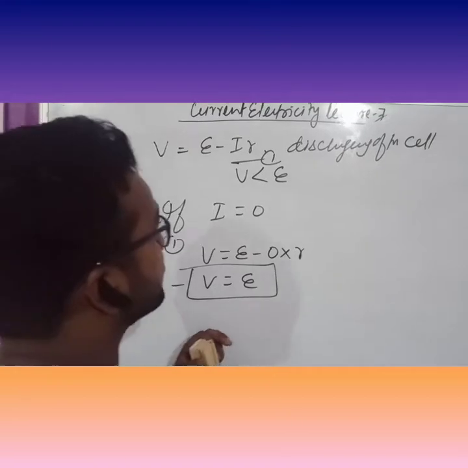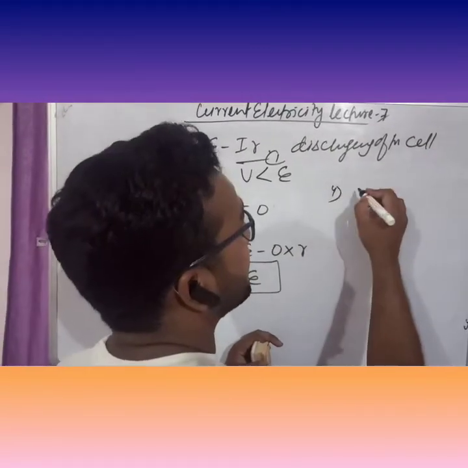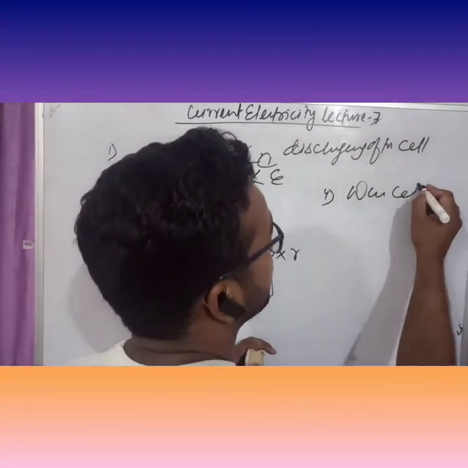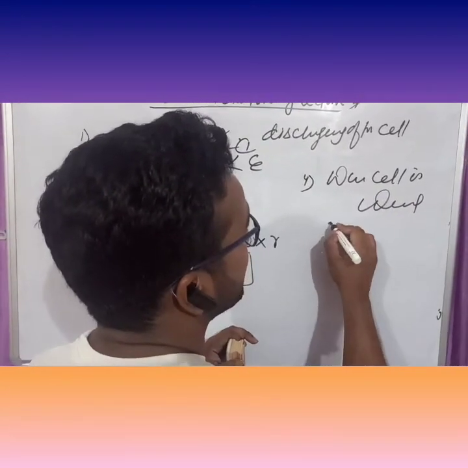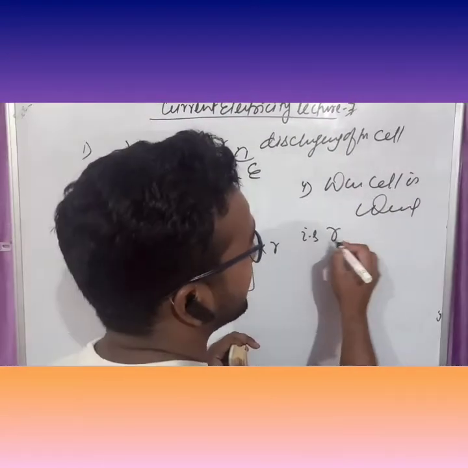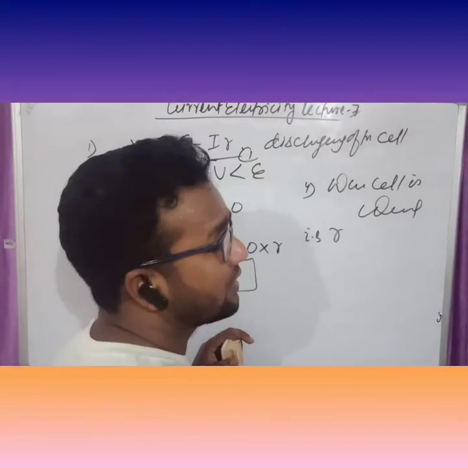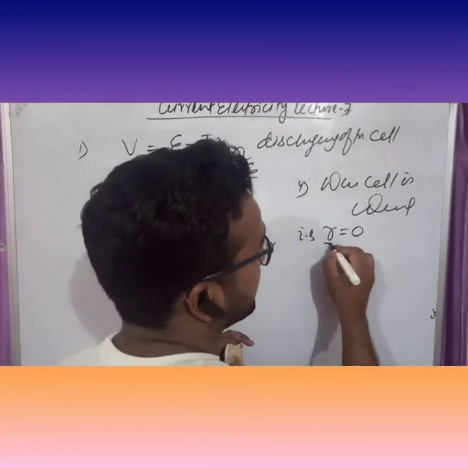Now another, in the fourth one, when the cell is ideal, that is, ideal cell किसको कहेंगे, the cell having no internal resistance, that is 0.